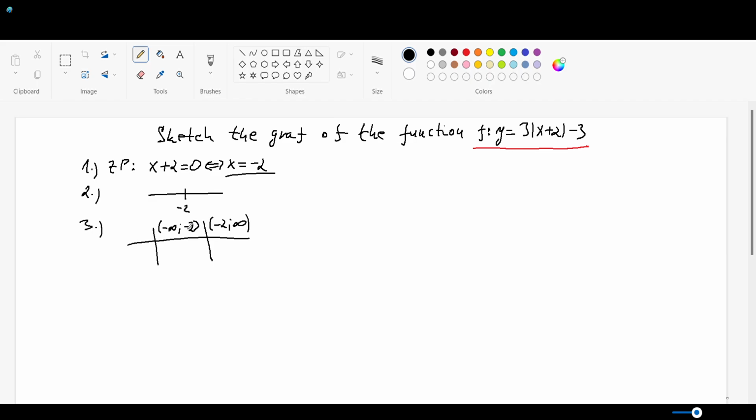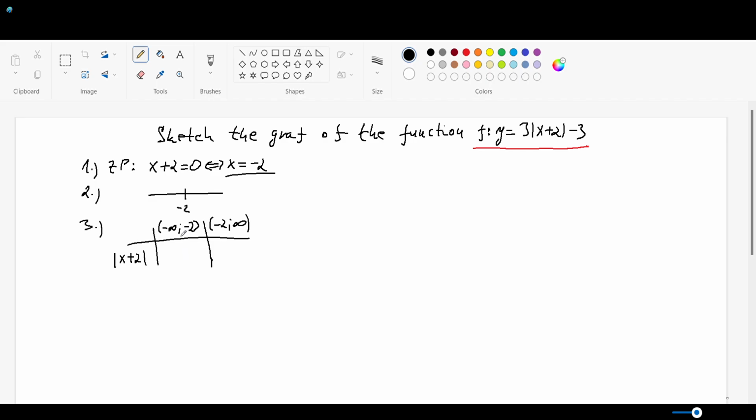Basically you can imagine this table like these are all the real numbers less than negative 2. Here is negative 2, and then there come numbers which are greater than negative 2. Now what we do is we look how the absolute value will behave on this interval and then how it behaves on this interval.